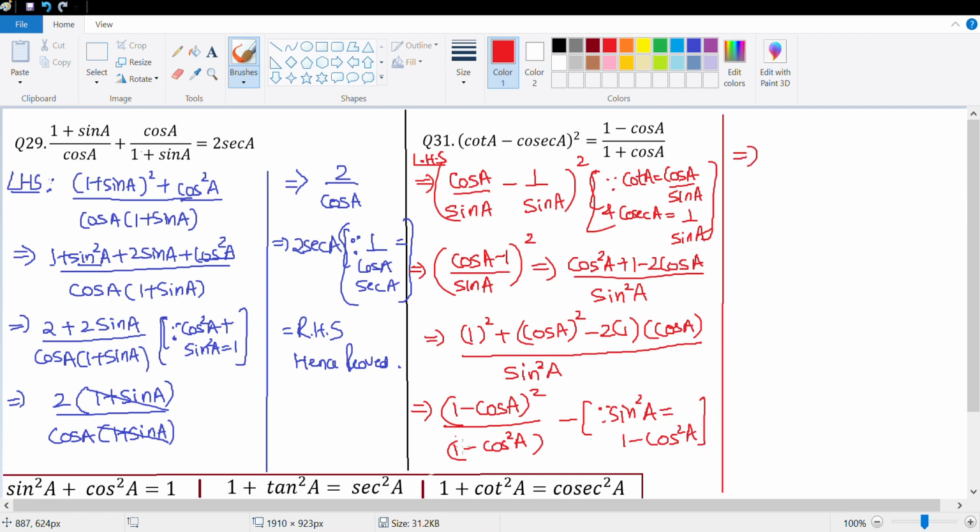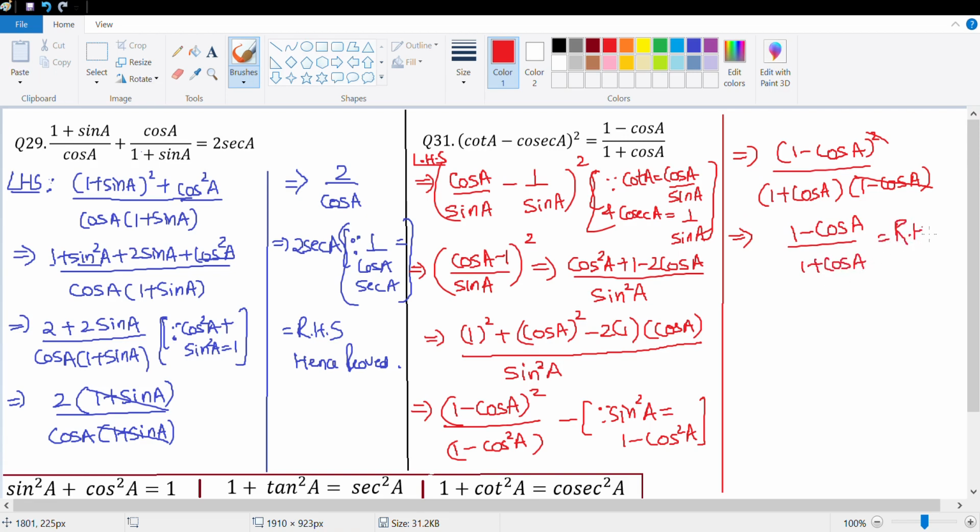What this gives me is (1 minus cos a) whole square, and the denominator is in the form x square minus y square, which means (x plus y) multiplied with (x minus y). So one power of 1 minus cos a gets cancelled, and I am left with (1 minus cos a) upon (1 plus cos a), which is my right hand side.